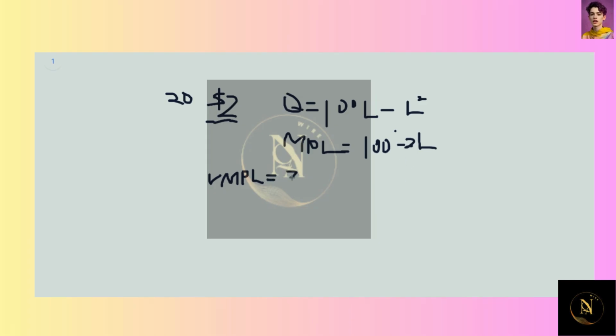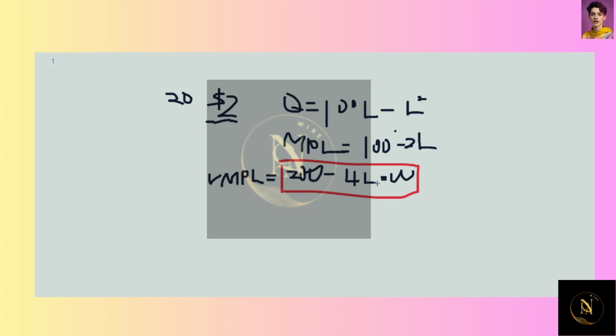So it becomes 200 minus 4L. So in equilibrium, this value is equal to the wage. Okay, so the answer for question A is just this. So wage equals 200 minus 4L.